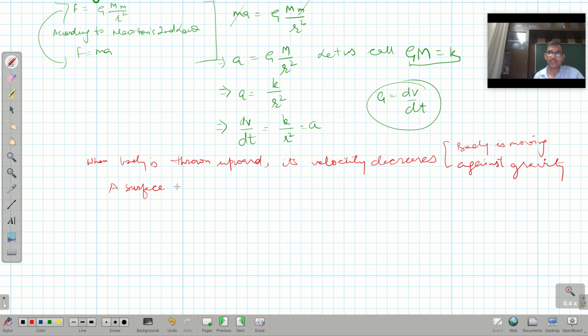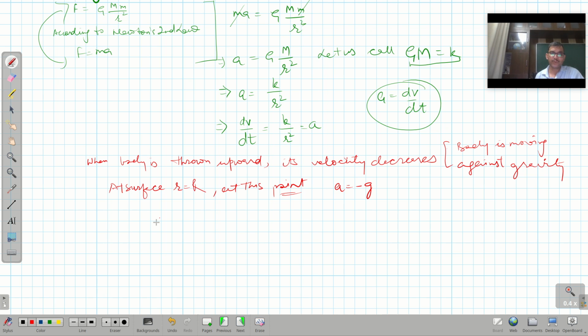At the surface, means when the body is just projected, then small r is equal to capital R, and at the initial point this acceleration is basically minus g.